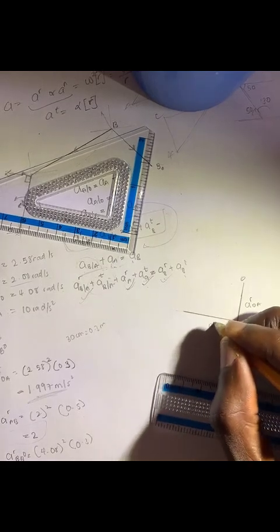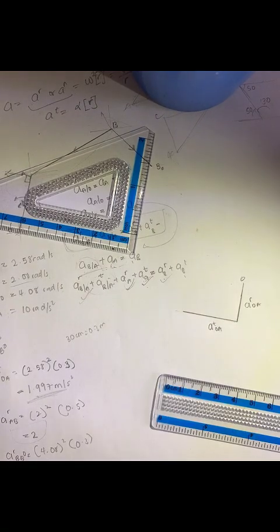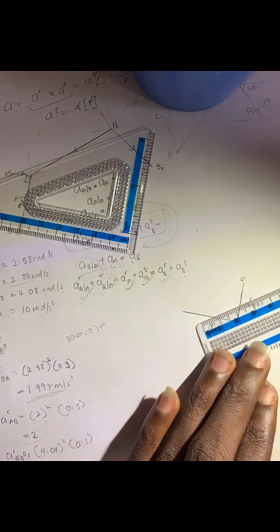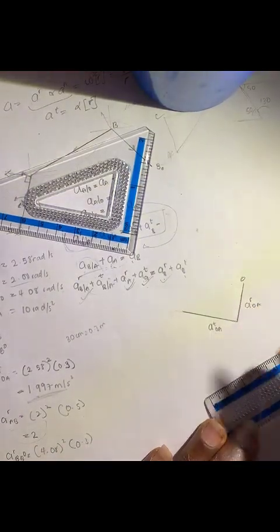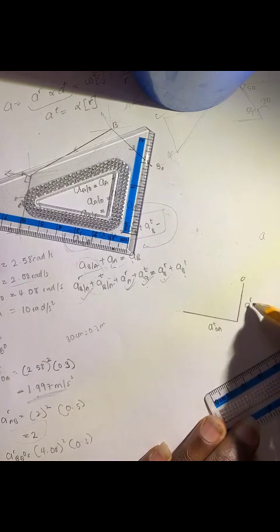So this is my radial of OA, and this is my tangential of OA. If I move on, the resultant of both the radial acceleration for OA and the tangential acceleration for OA is going to be my acceleration. The resultant of both is my acceleration on OA.